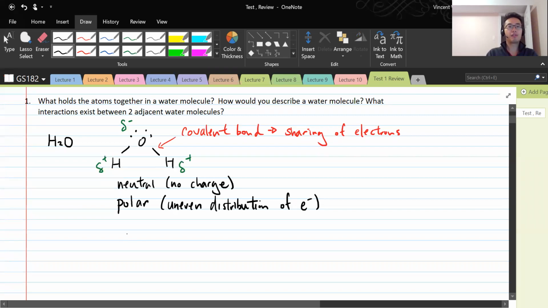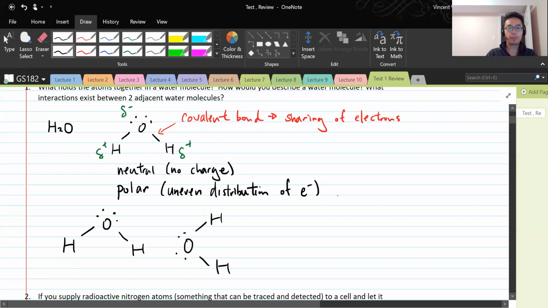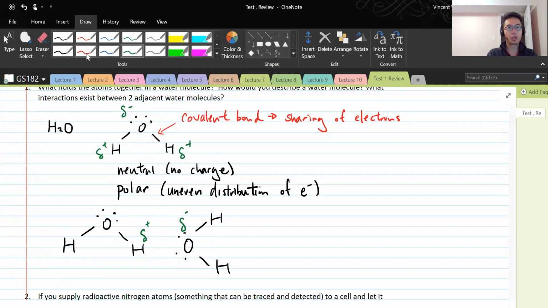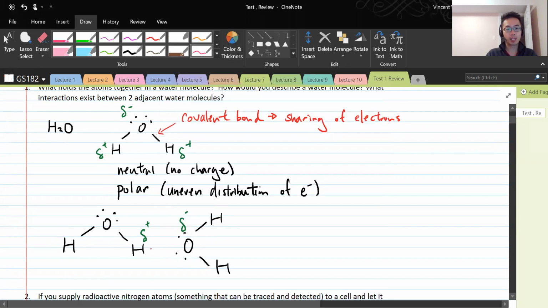So what happens if you put two water molecules next to each other, right? So if I have a water molecule here, and then I put another one next to it, like that, what's gonna happen? Well, the slightly positive hydrogen of one water molecule will be attracted to the slightly negative oxygen on the other molecule, right? And this is going to create some kind of force of attraction between them.